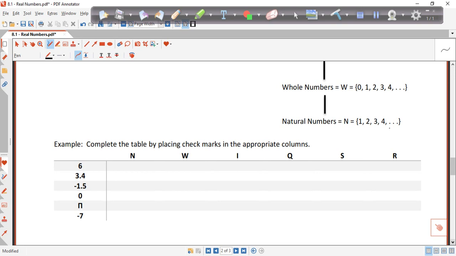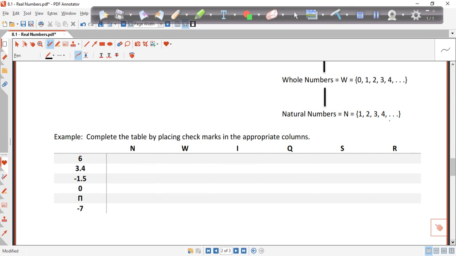First of all, let me show you what these letters mean, and I will write them out. The first one's natural, then it's whole, an integer. This stands for rational. This is irrational.